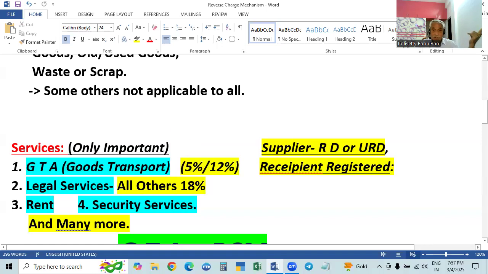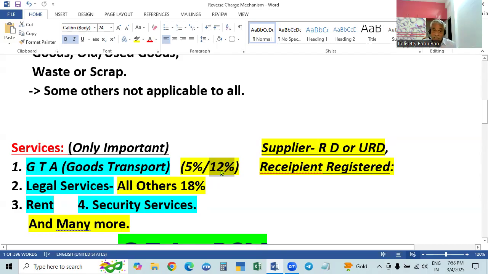He pays the tax on input services and capital goods purchased from outside. He can get ITC on that tax if he opts for the 12% forward charging mechanism. He can claim the ITC for his input services and capital goods.